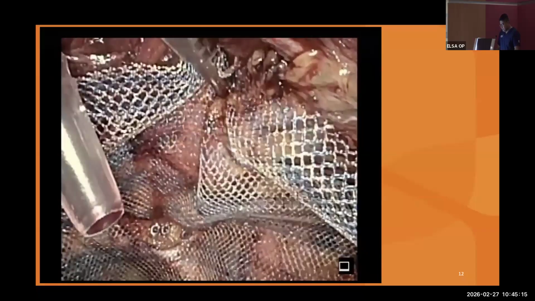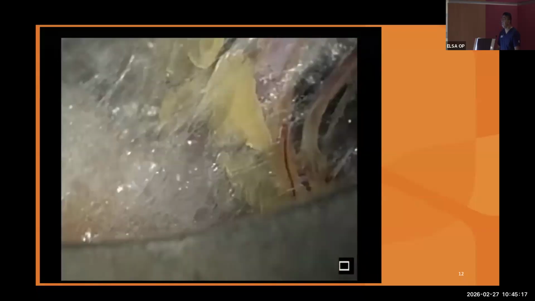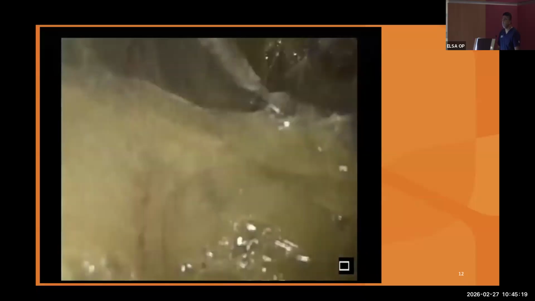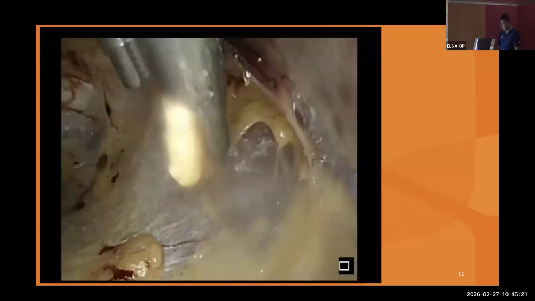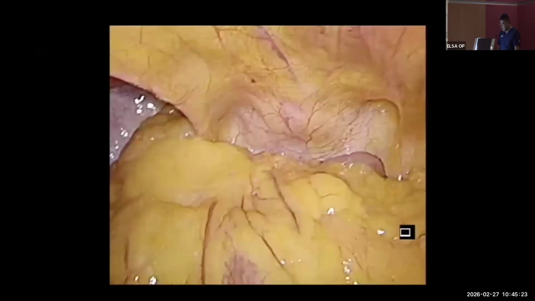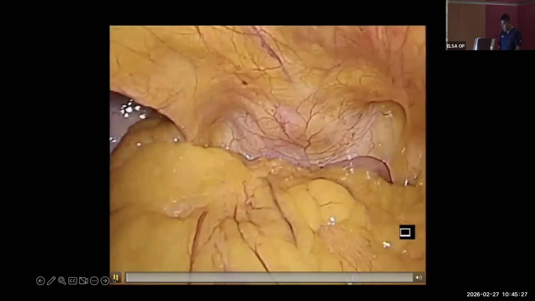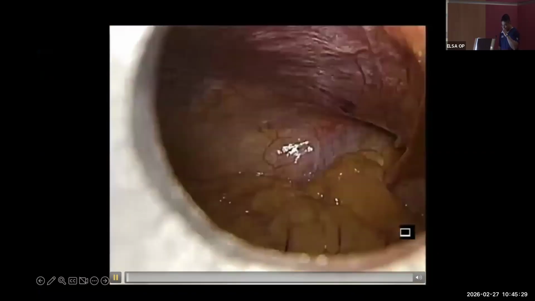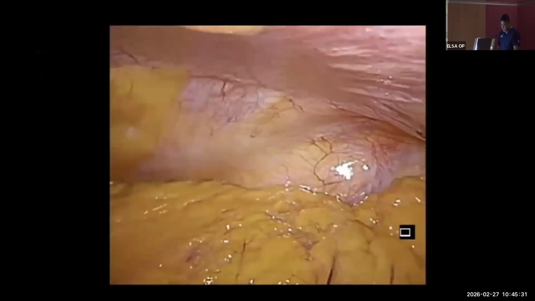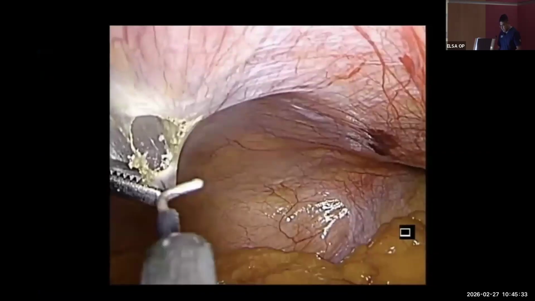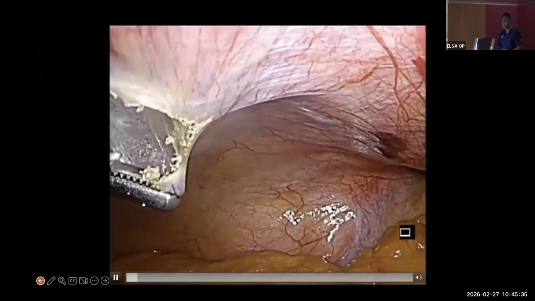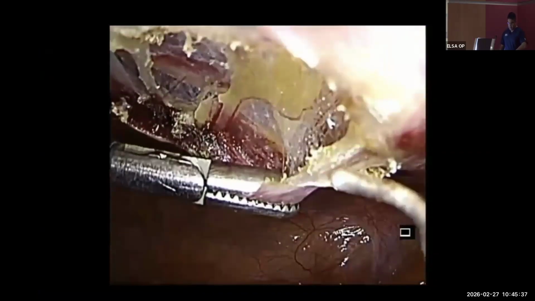Okay. Any questions for TEP? We'll go on to TAPP. So TAPP, you mark first. So what are the boundaries? You enter with the subumbilical incision, and then you mark your ASIS.